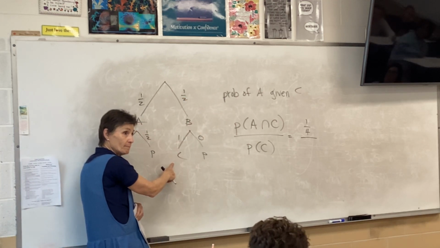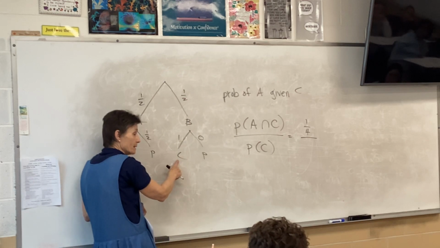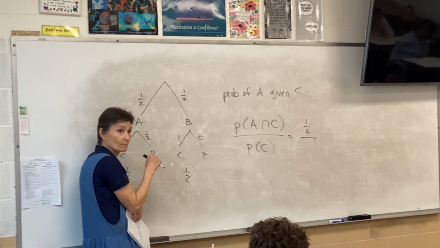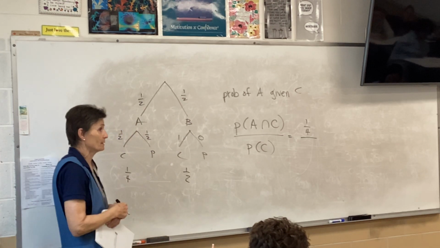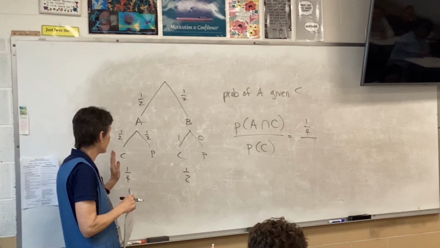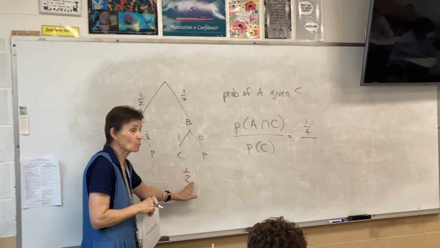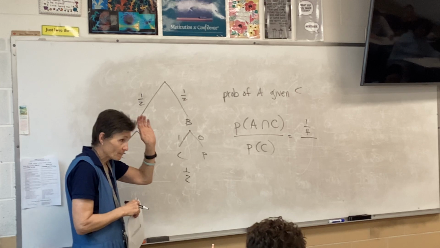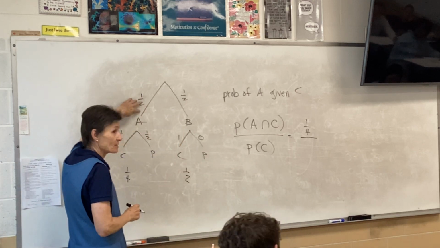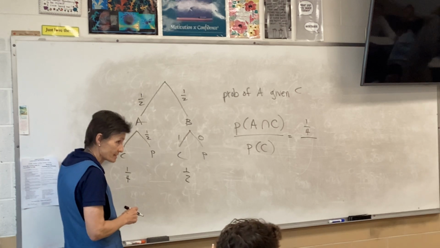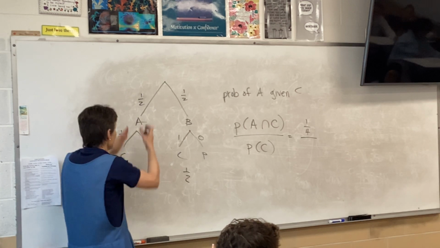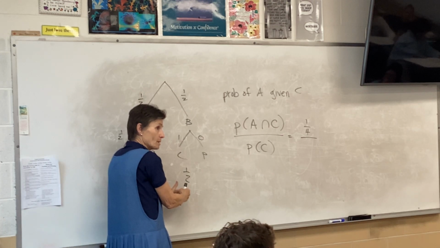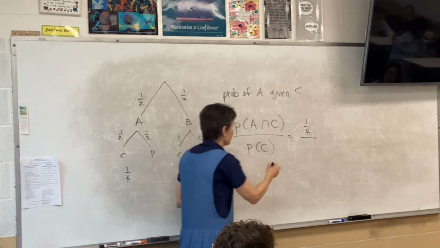And what's that probability? 1/2 times 1. So what's the total probability of getting a chocolate chip? If I can get it this way or this way, what am I going to do with those two numbers? Add them up. Fundamentally, two things happening at the same time, A and C, is multiplied. If it's this chocolate chip branch or this chocolate chip branch, then I add. So what is that, 3/4?